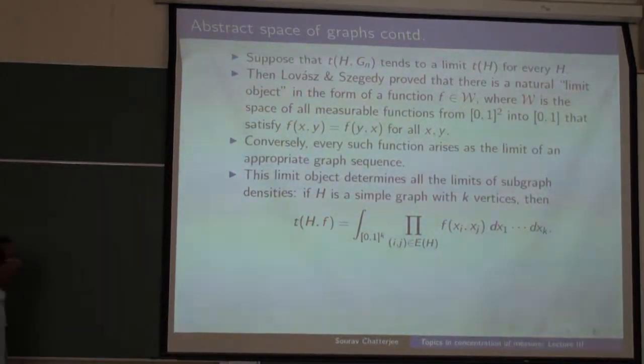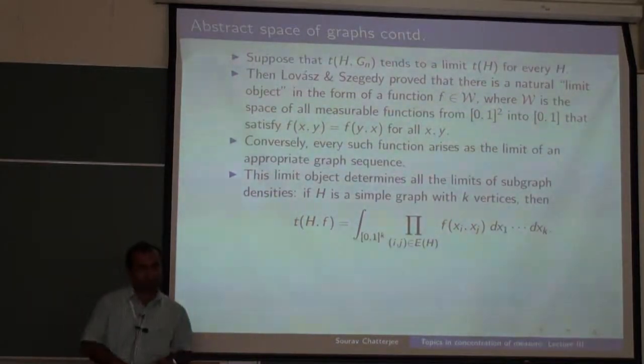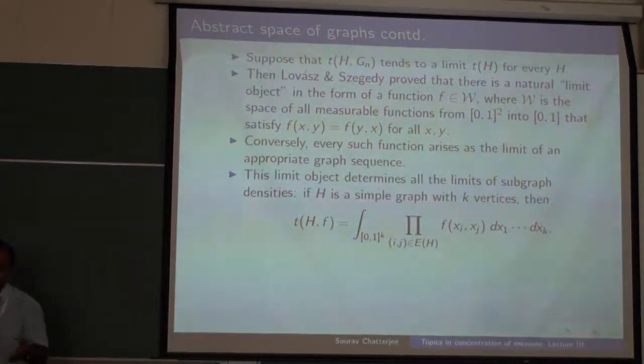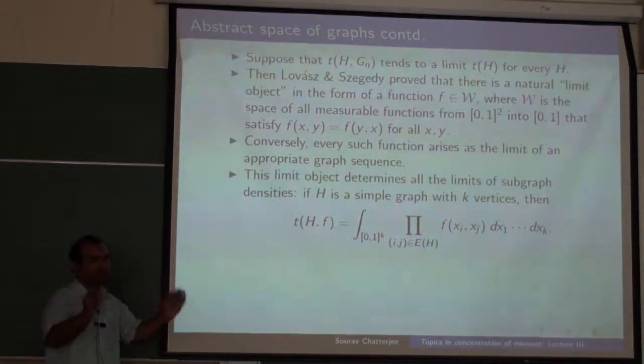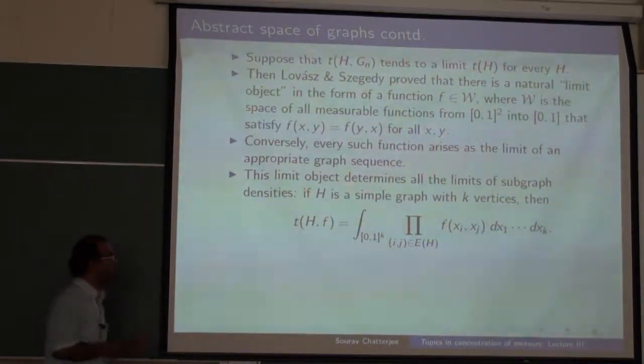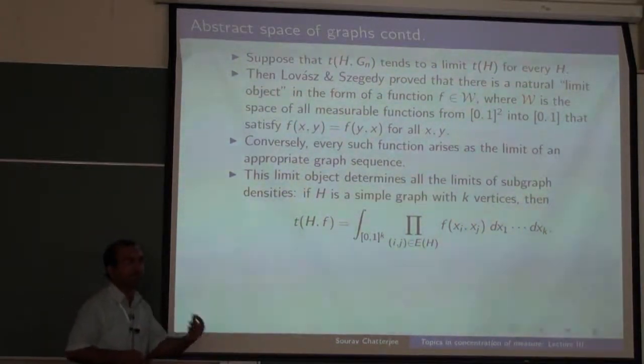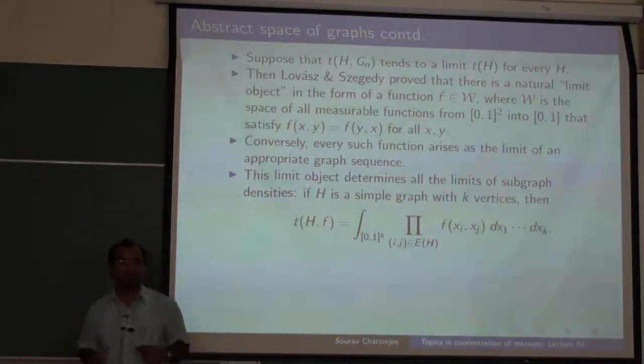So roughly what does it mean? You have this interval [0,1]. You think of each point as a vertex. It's a continuum of vertices. You think of f(x,y) as the chance of x being connected to y by an edge.